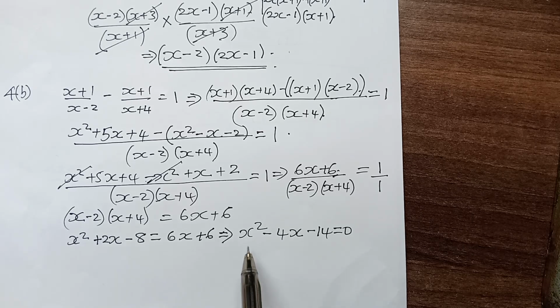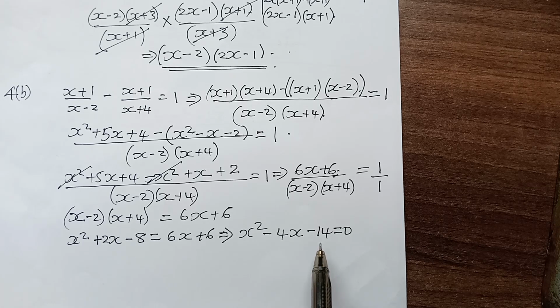Again, if we have this quadratic equation, solving it by factorising might be a problem, because I don't think we'll have numbers which we multiply to give us minus 14 and we add to give us minus 4. The whole numbers available could be 2 and 7, but there is no way, regardless of the sign, we can have 4.